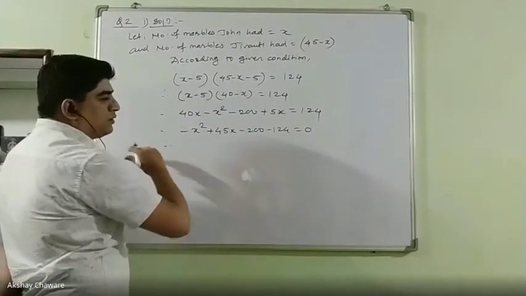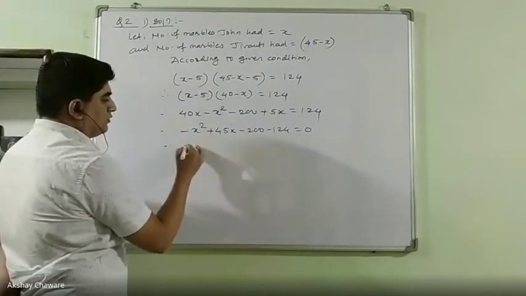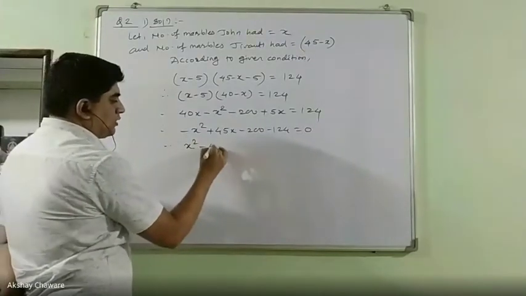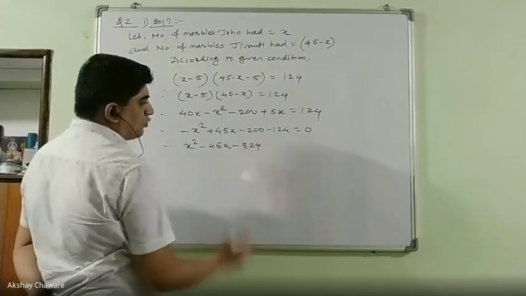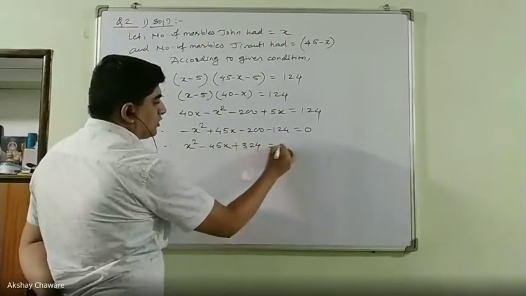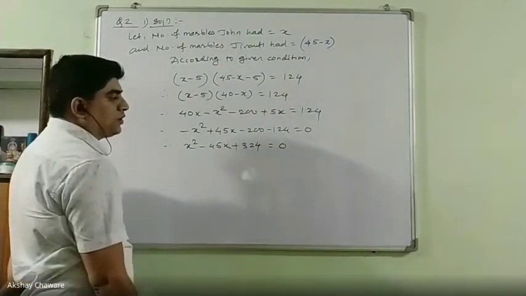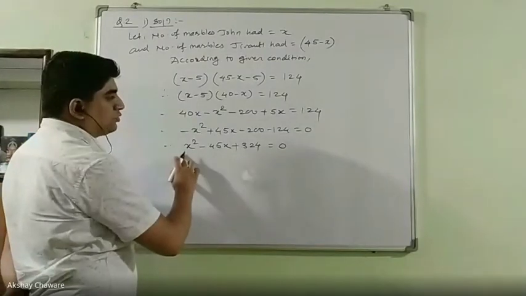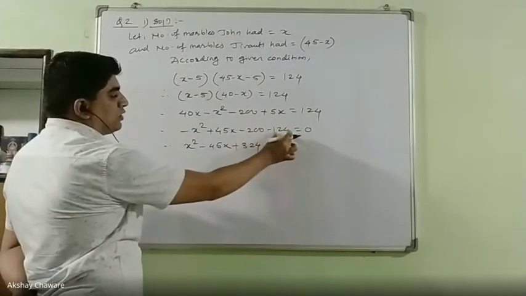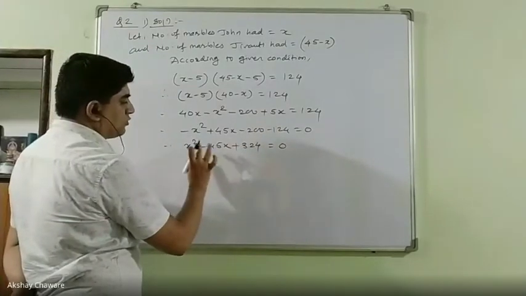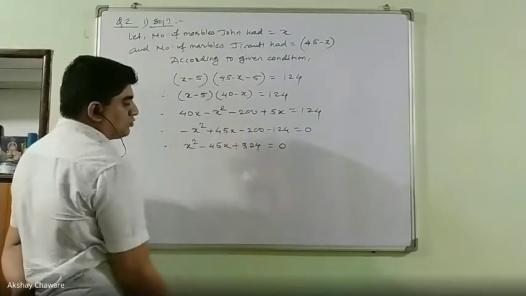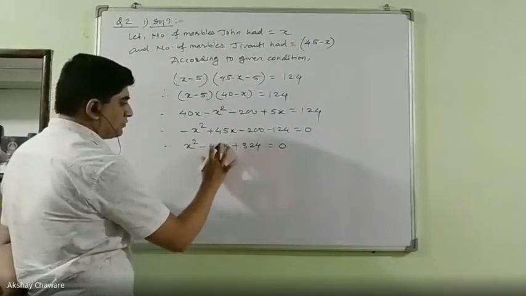Then finally we will multiply by the minus sign, so we get x square minus 45x plus 324 equal to 0, because of multiplication by the minus sign. Minus 200 minus 124 is minus 324, minus minus plus, so x square minus 45x plus 324 is equal to 0.